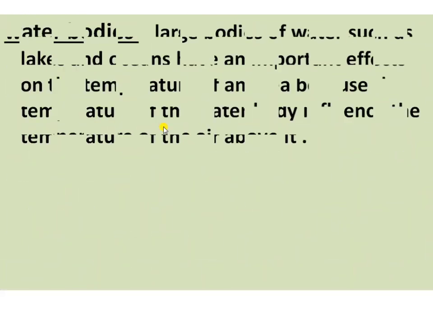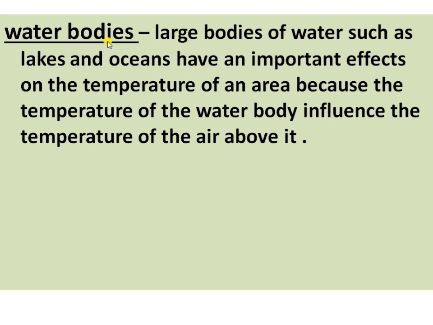So in detail, first we are going to discuss water bodies. Large bodies of water such as lakes and oceans have an important effect on the temperature of an area because the temperature of the water body influences the temperature of the air that is present in the atmosphere.